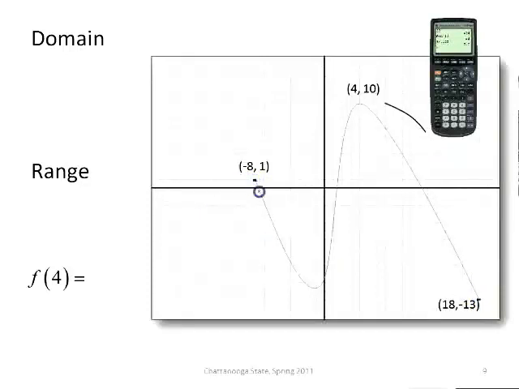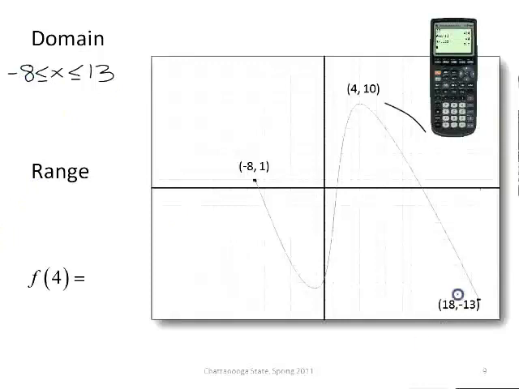So between those points, my graph covers every x value between those points. So the x value here where it starts is a -8. The x value where it ends is a +13. So here my domain is everything between -8 and +13. So x is between -8 and +13.